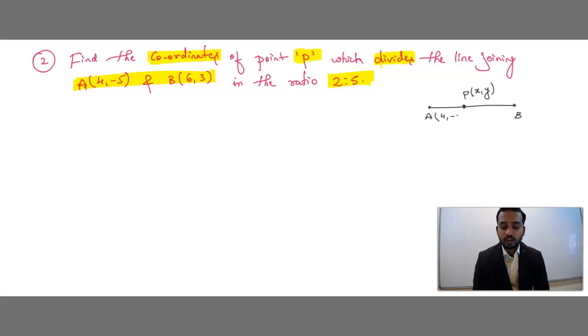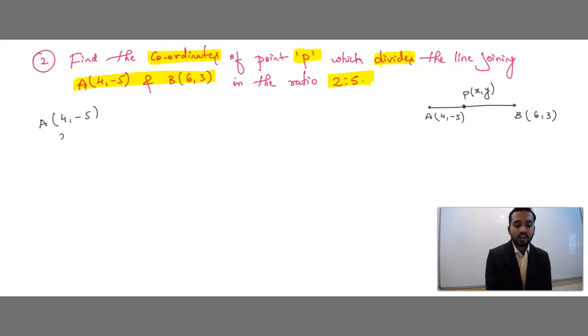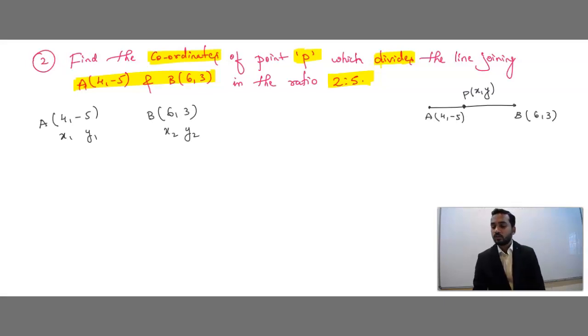A coordinates are 4, -5 and B coordinates are 6, 3. So we will consider A of 4, -5 as x1, y1. Similarly, B of 6, 3 as x2, y2. P is x, y.